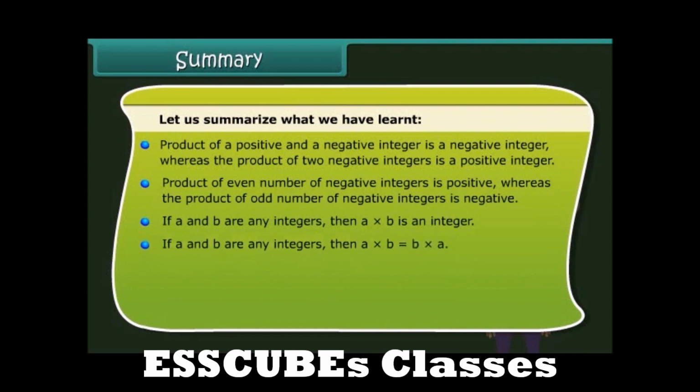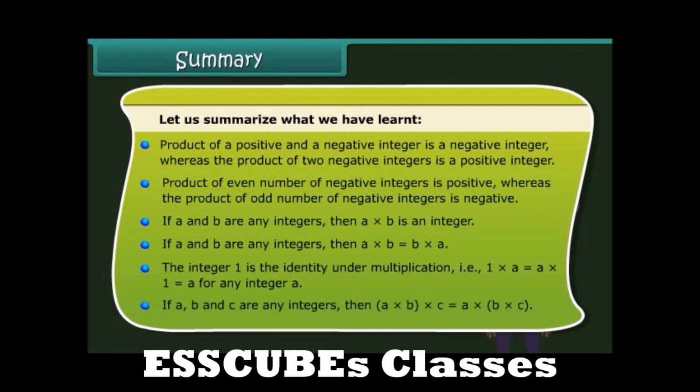If a and b are any integers, then a into b is equal to b into a. The integer 1 is the identity under multiplication, that is, 1 into a is equal to a into 1 for any integer a.